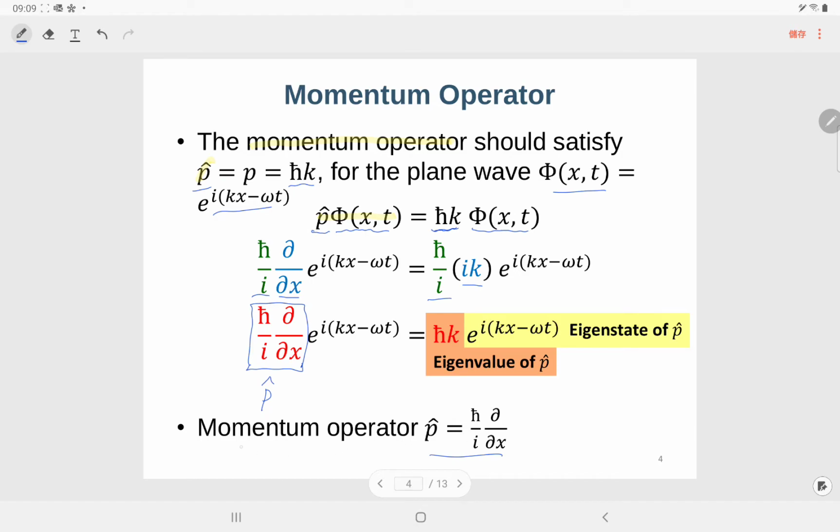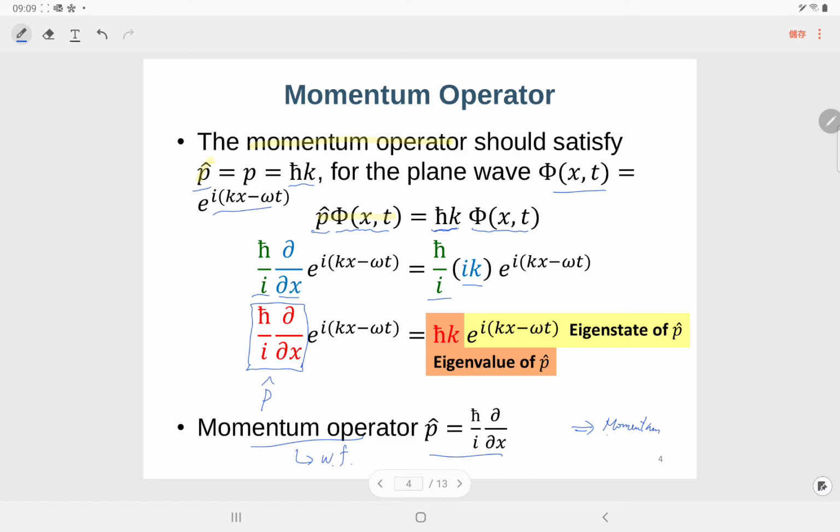So when the momentum operator operates on the wave function, it outputs the momentum. If you have another operator, maybe the energy operator, which is called the Hamiltonian, and you apply it on the wave function, it will output the energy, and so on.